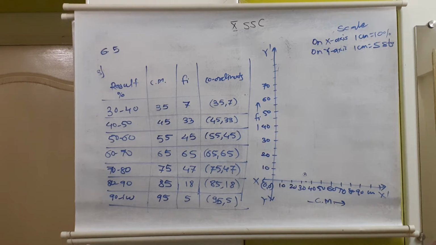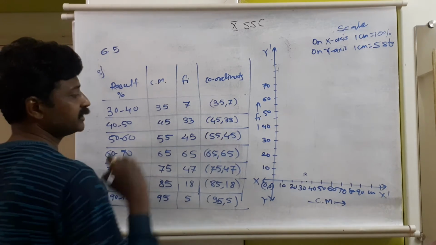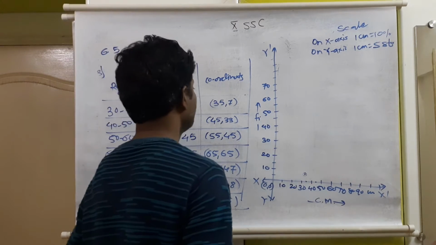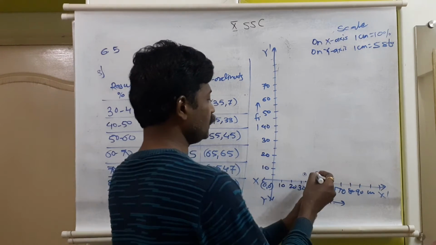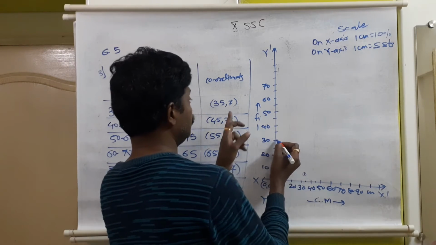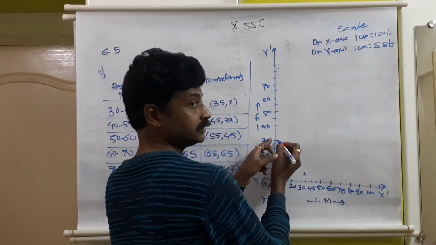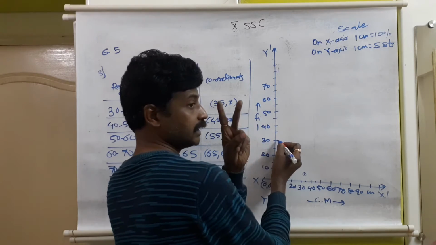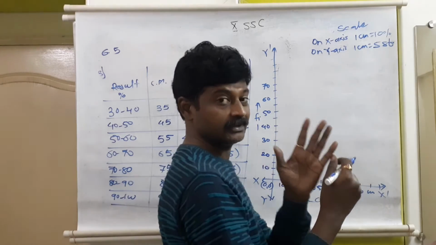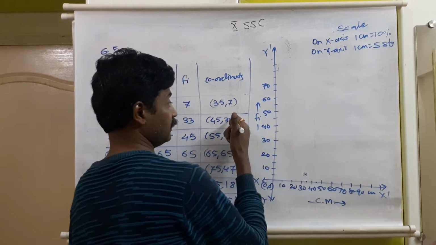Let us continue with the second point. X coordinate is 45, y coordinate is 33. 45 will be here in between 40 and 50, and on the y-axis, where will 33 come? This is 30. One student means 2 millimeter lines, so for 3 students, 6 lines should be covered after 30.